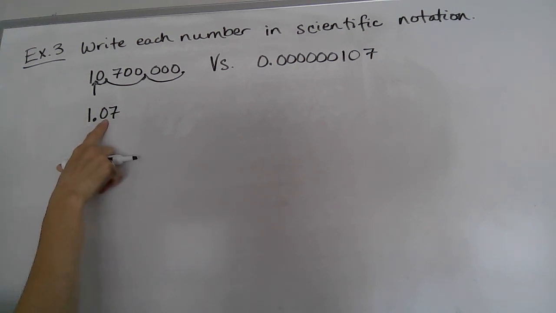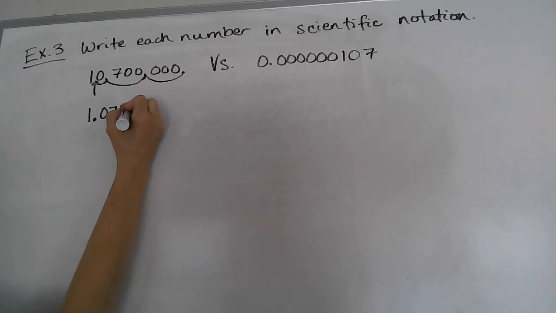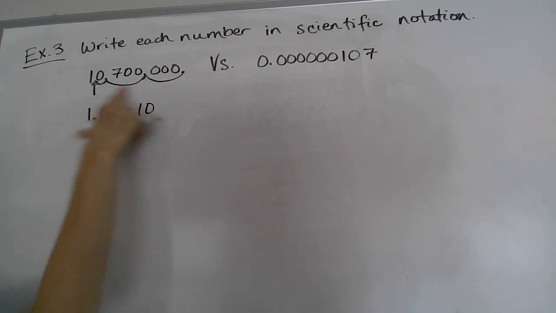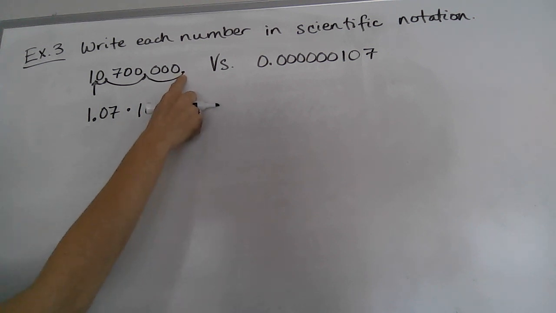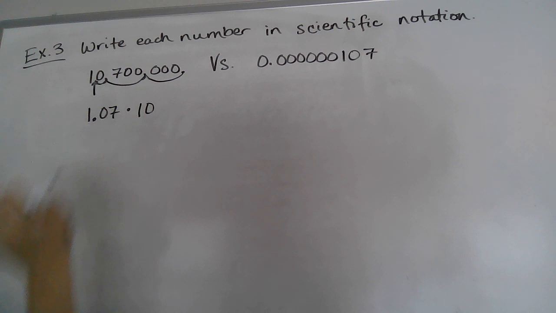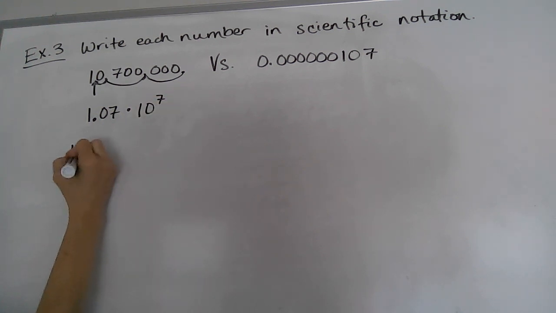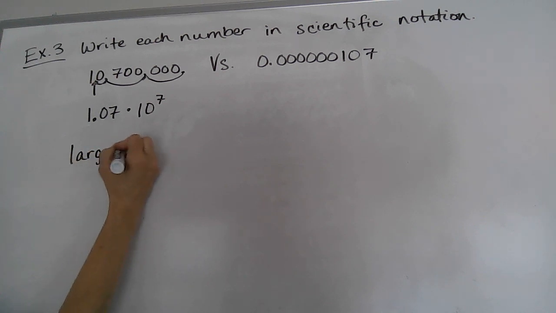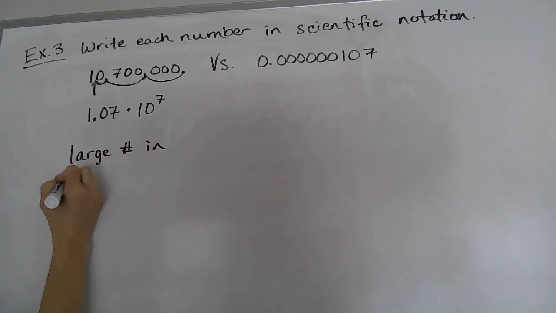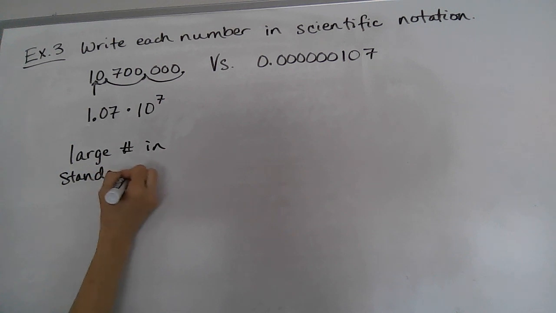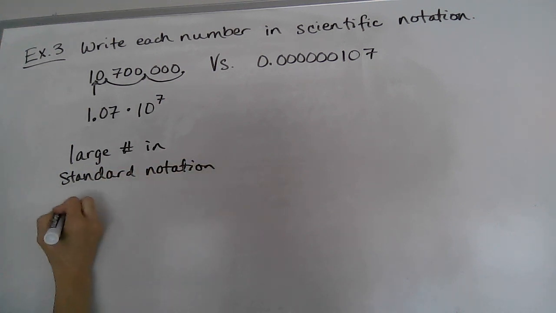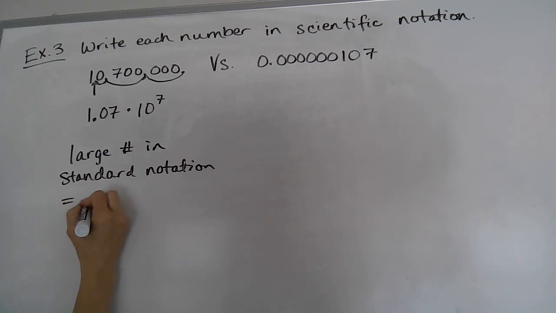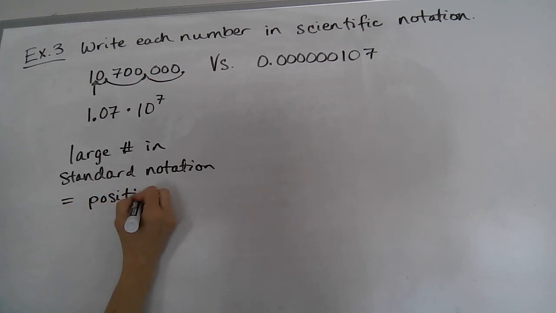Do not drop that 0. We're multiplying by a power of 10. We have a large number, so our power of 10 is positive. And in this case, we moved it 3, 6, one more space makes 7 places. So large number in standard notation means you have a positive exponent on your power of 10.